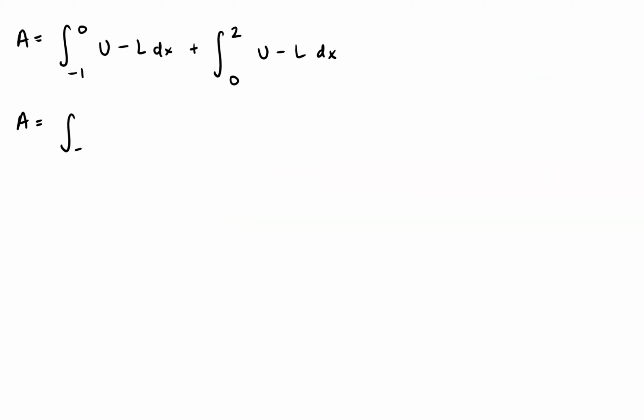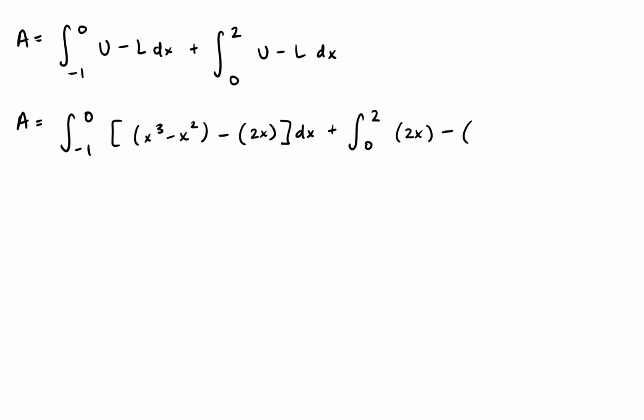So that's going to be -1 to 0, and from -1 to 0, the upper function is x cubed minus x squared minus 2x, that's the lower function, dx, and then plus the integral from 0 to 2 of the upper function, which was 2x, minus the lower function, which was x cubed minus x squared dx.